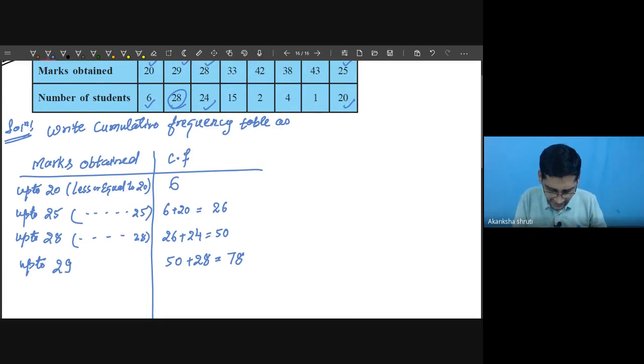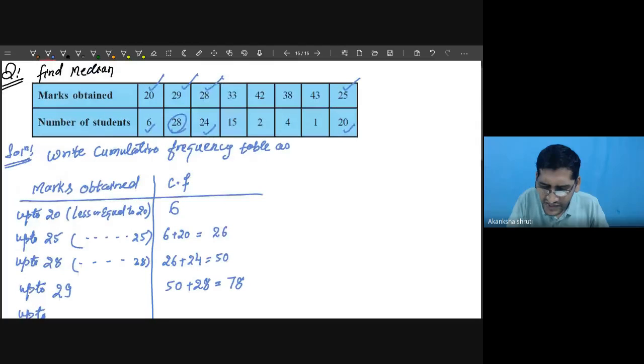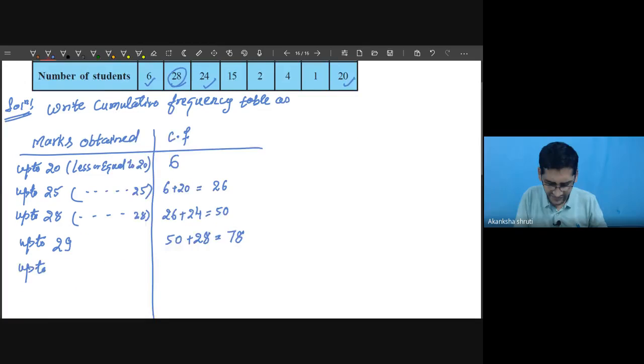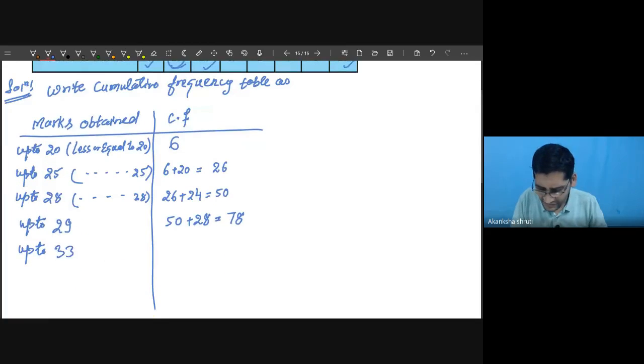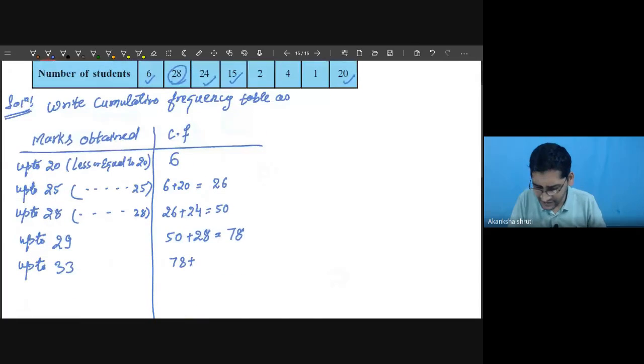Okay, next one, after this 29, is our 33. So over this 78, for 33 the frequency is 15, which is added to 78, so it becomes 93.